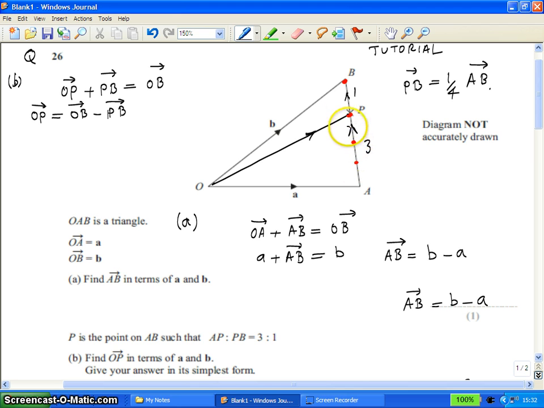as AB has got 4 sections and PB is only 1 section out of 4 sections, so PB is 1/4 of AB.